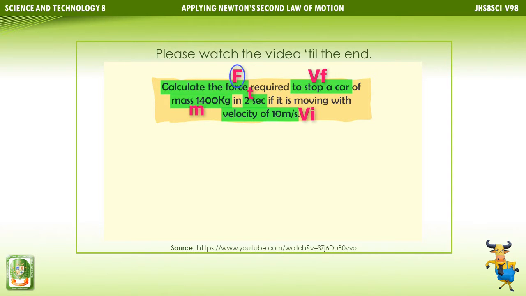to stop a moving car. According to Newton's second law, F is equal to ma. Here the mass of the car is 1400 kg. Now what about the acceleration a of this car? To find the acceleration a of this car, we are given initial velocity Vi, final velocity Vf, and time t of the car.